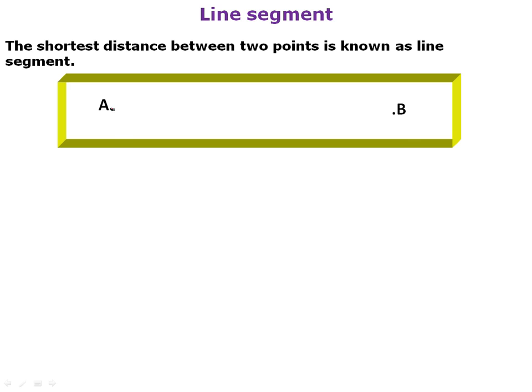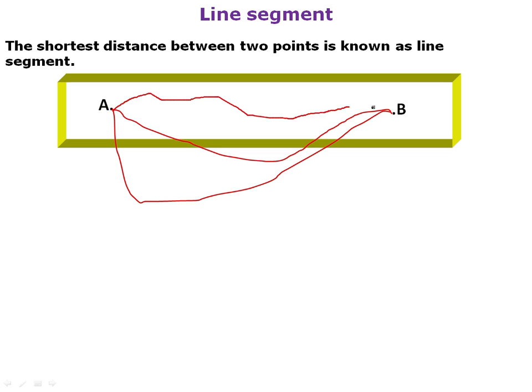Suppose you take this path, then this is the distance, and somebody can take this path, then this is the distance between A and B. Somebody can take this path, then this is the distance between A and B. So these are not the line segments, because they are not the shortest distance between A and B. The shortest distance between A and B will be the line segment.